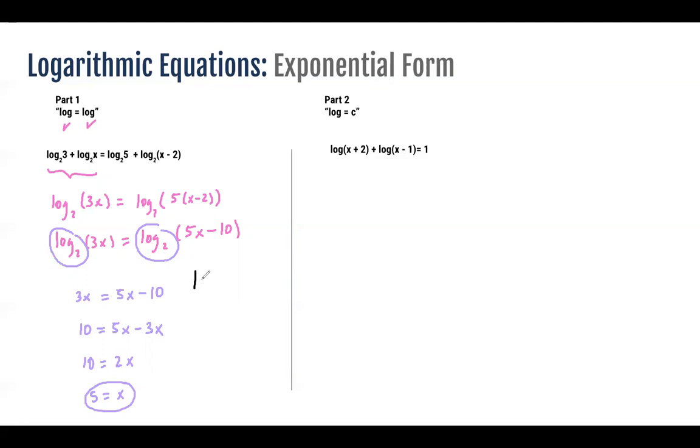So if you do the logarithm base 2 of 3 times 5, this one, is equal to the logarithm base 2 of 5 times 5 minus 10, or any version of the equation.